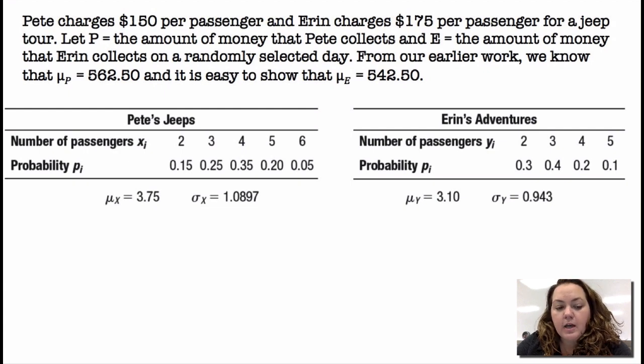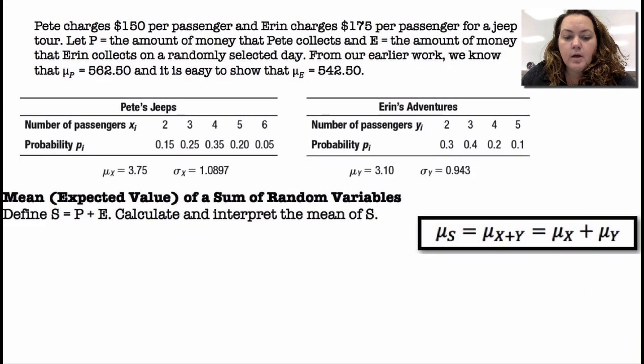Those values came from taking the mean under the probability distributions for Pete and multiplying it by 150, and the mean for Aaron, which is 3.10, and multiplying it by 175, which gives us 542.50.